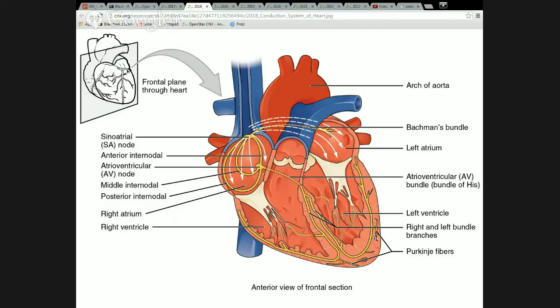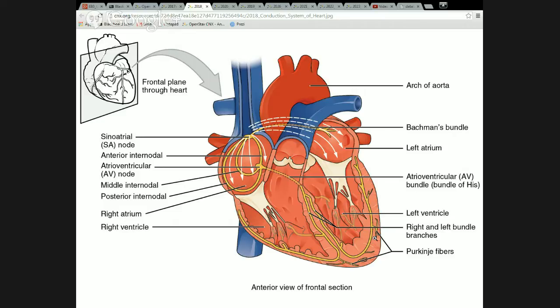This one kind of sticks, and a lot of the things that he named kind of stick, largely because there's not a good functional name for a lot of those things. These are fibers that conduct the signal from the conduction pathway to the rest of the myocardium and the ventricle. I've seen some sources try to call them conduction fibers, which is really not good because there's nothing special about them versus the rest of the entire conduction system.